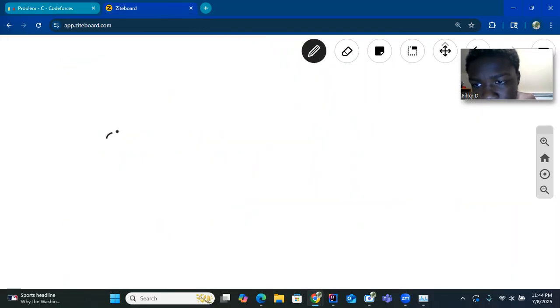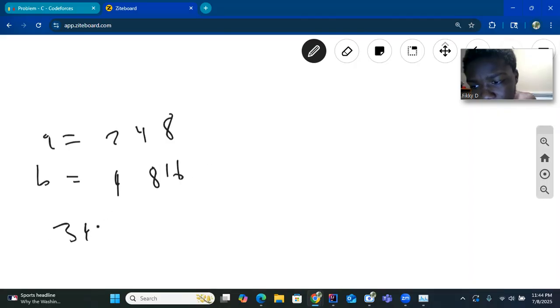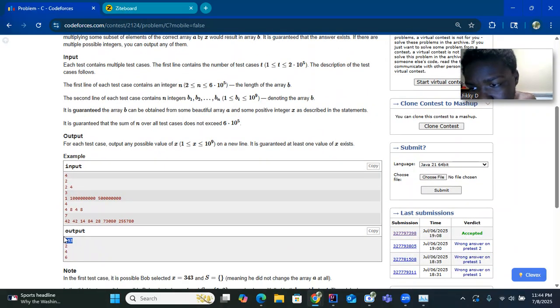So for example, if this is 2, 4, 8, and we double all the values, then the subset we chose was just the entire thing, 8, 16. Then technically I could put x as 343 and the subset that I choose is empty, which is what this is doing over here.